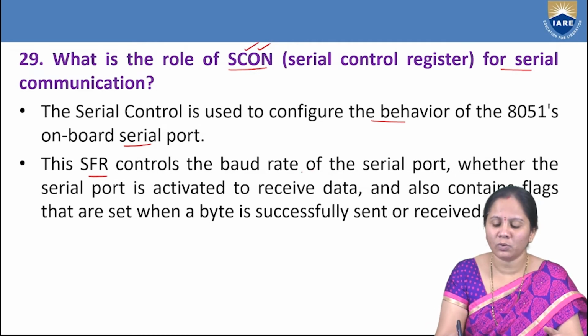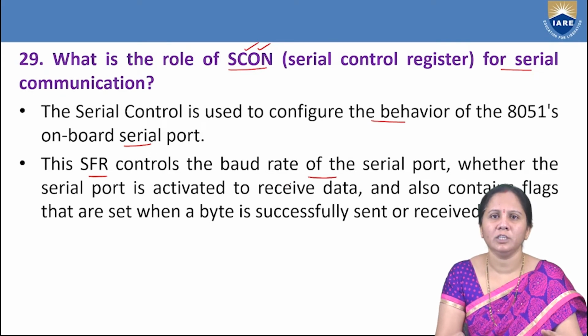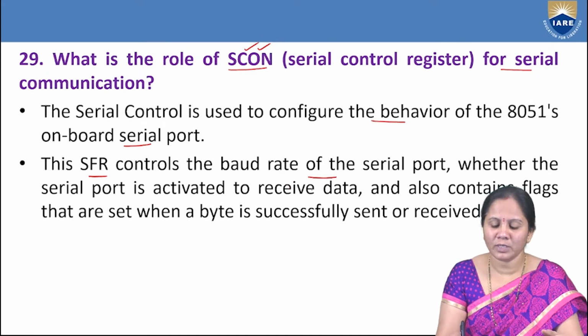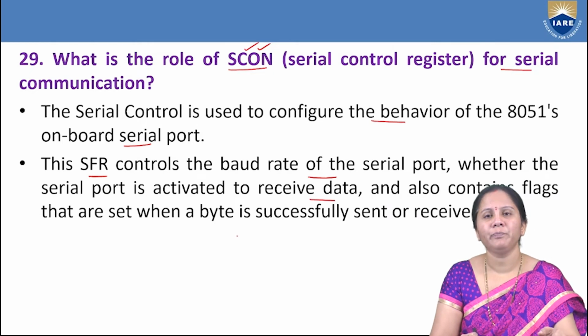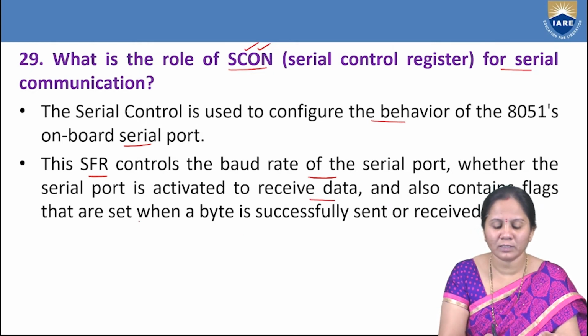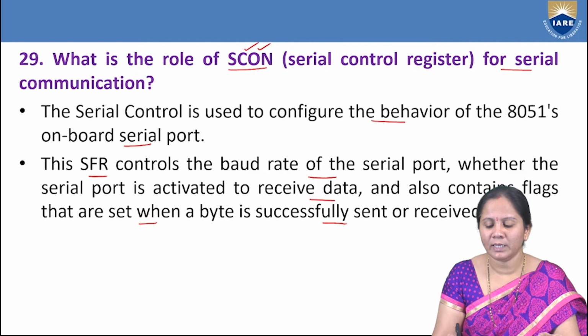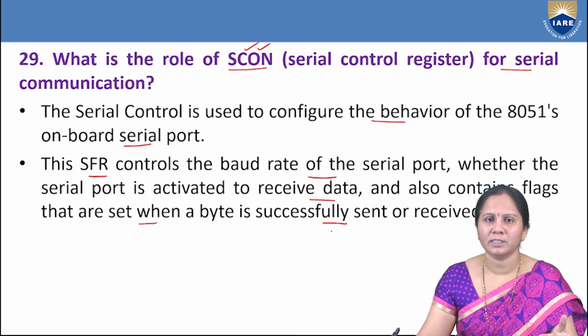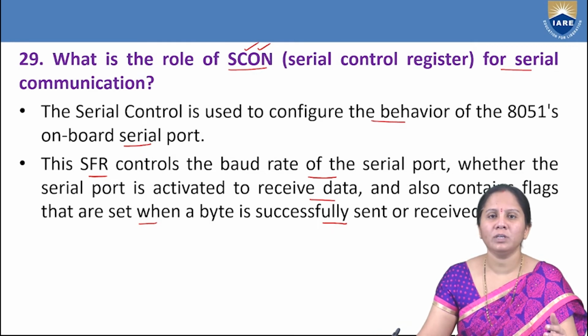It is used to control the baud rate of the serial port, whether the serial port is activated to receive data, and it also consists of flags that are set when a byte is successfully sent or received. So by using this SCON register only, we can transmit and receive data, and we can know whether the data is transmitted or received.